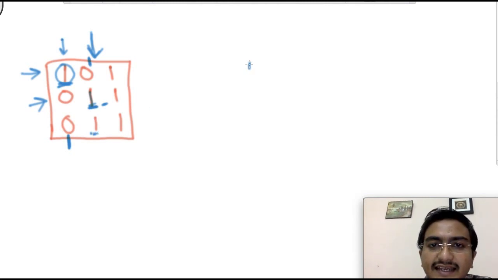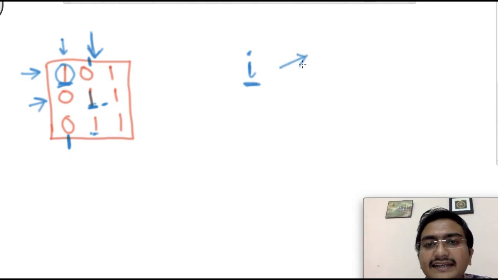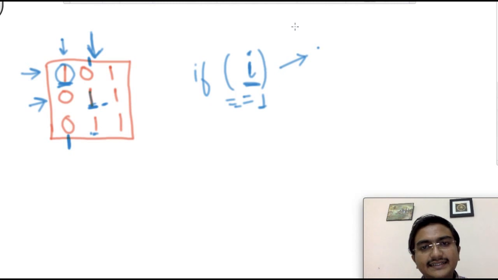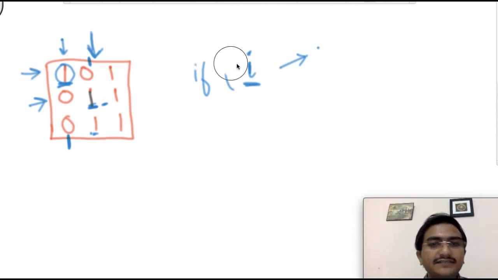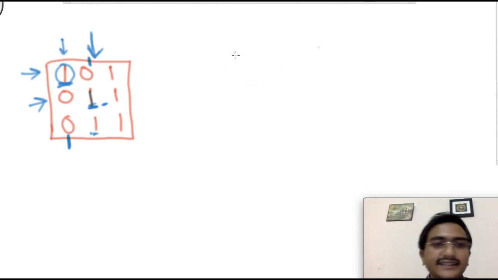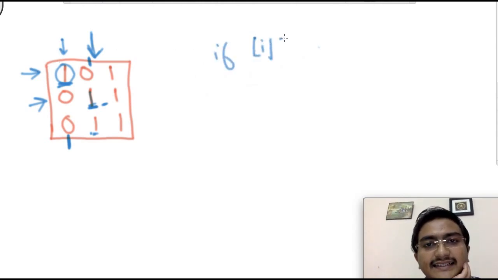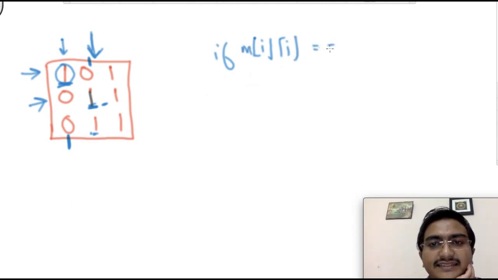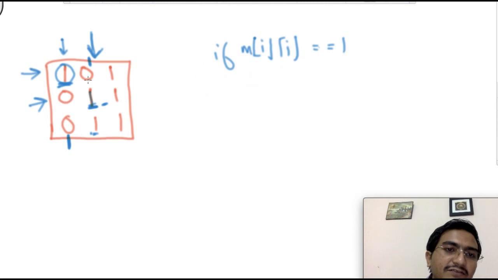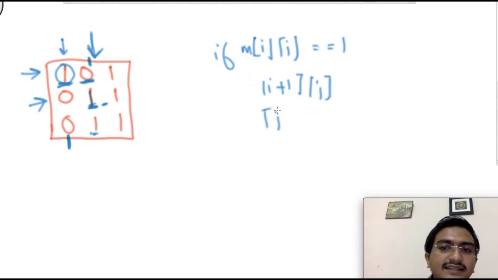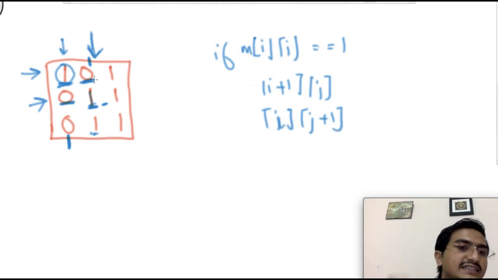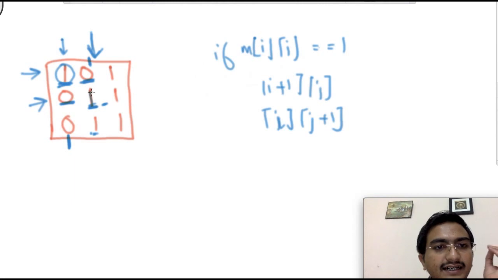So what you can see is, if you're checking at a position i, j, let's say, and this is equal to 1, then if either of (i plus 1, j) or (i, j plus 1), so either of its neighbors, if both of these neighbors are 0, there is no possible way to get 1 here.